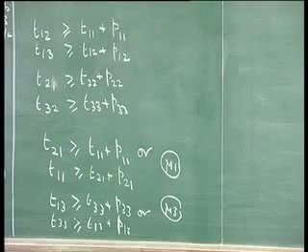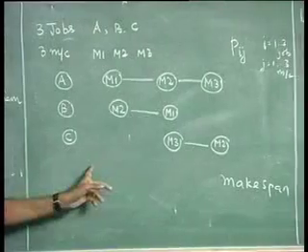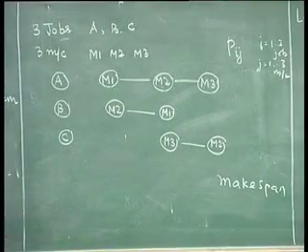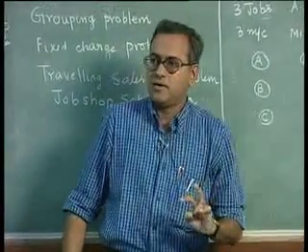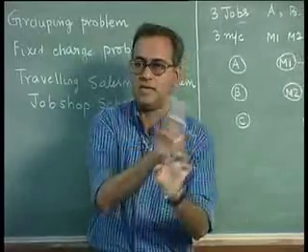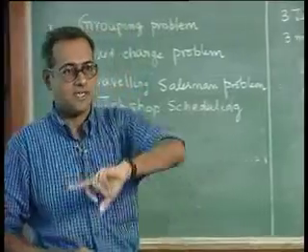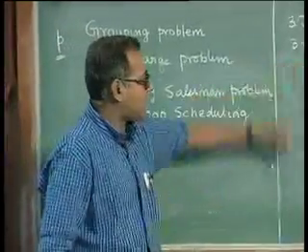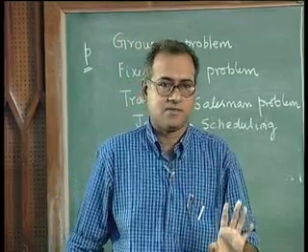If you take machine 2, you get into a much more different situation, because M2 is handling all the 3 jobs. So, you have to write 3 sets of either or. For example, if you take the pair AB, then either A is ahead of B or B is ahead of A. If you take the pair BC, then B is ahead of C or C is ahead of B, and if you take the pair AC, either A is ahead of C or C is ahead of A. So, you will have 3 pairs of either or constraints.